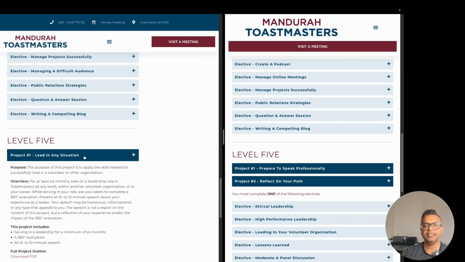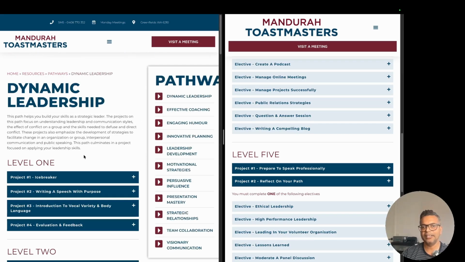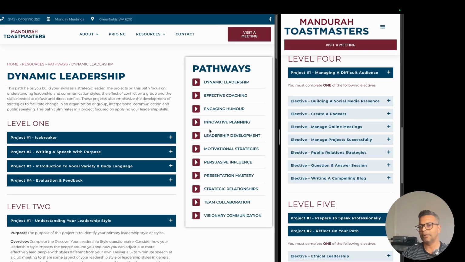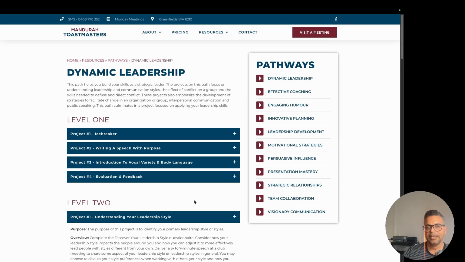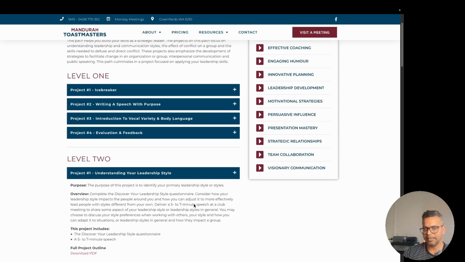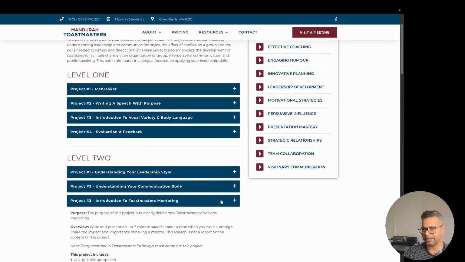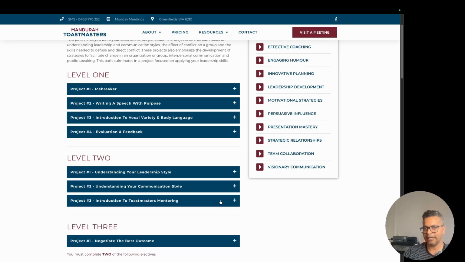So all in all, level 1 is the same for all paths. Level 2 is understanding your leadership style, understanding your communication style, and introduction to mentoring, and you pick an elective.